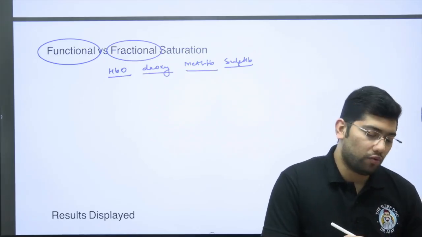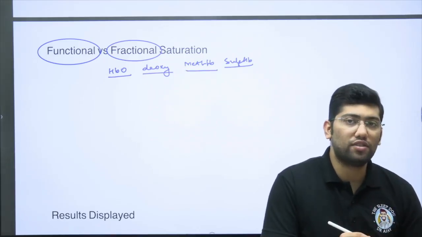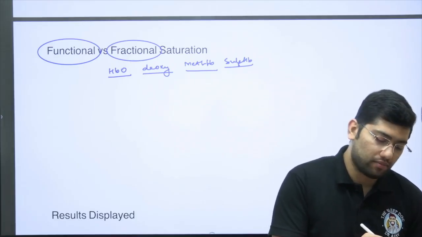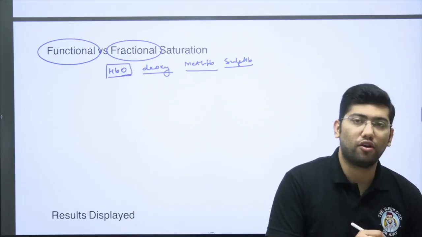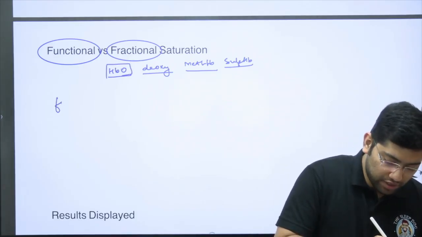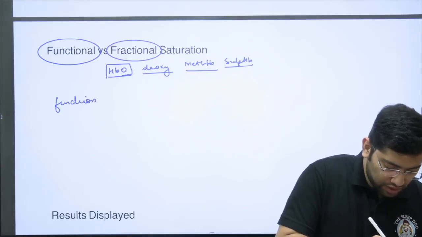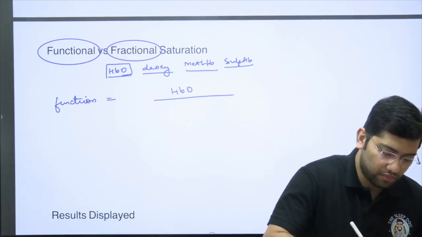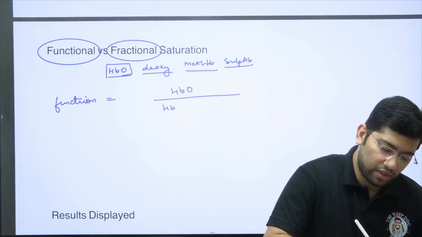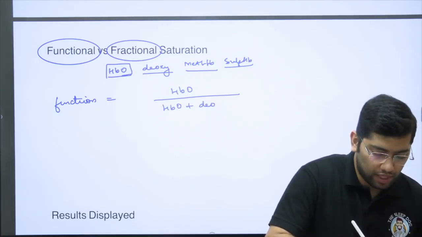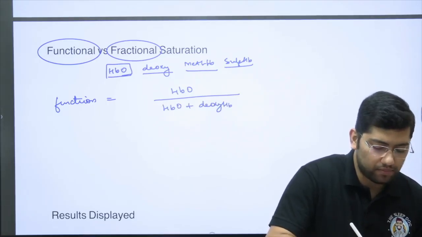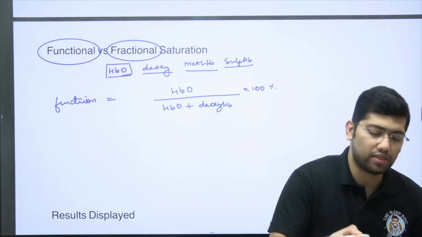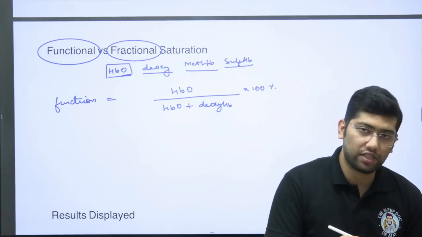Functional means which one of these is functional and useful to us, which forms only the oxy. So the functional saturation would be oxyhemoglobin divided by oxyhemoglobin plus deoxyhemoglobin, into 100%. This would be the functional.